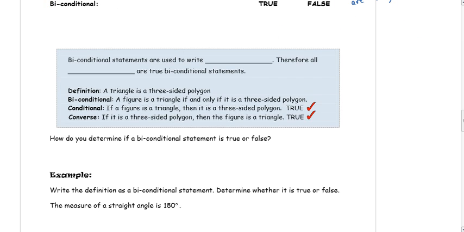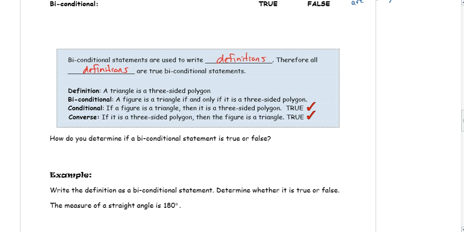Okay, biconditional statements are used to write definitions, as I mentioned before. Therefore, all definitions are biconditional statements. So every definition we come up with this year would work as a conditional and a converse. So we look at one real quick, easy example. Definition: a triangle is a three-sided polygon.